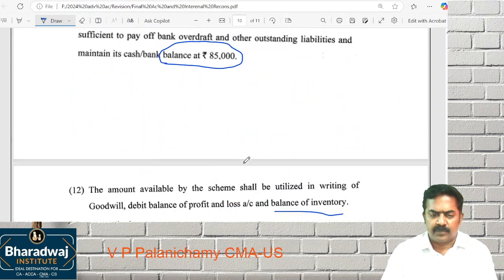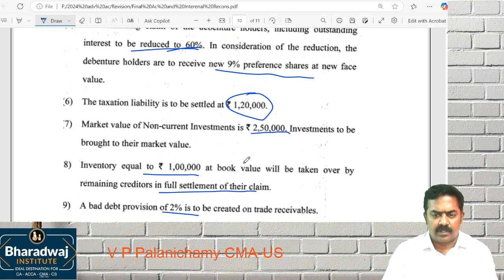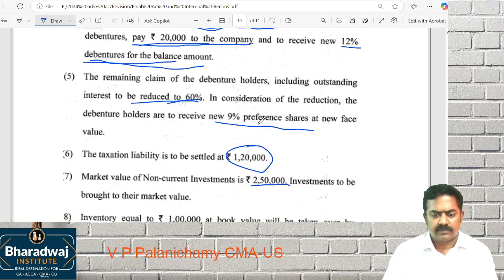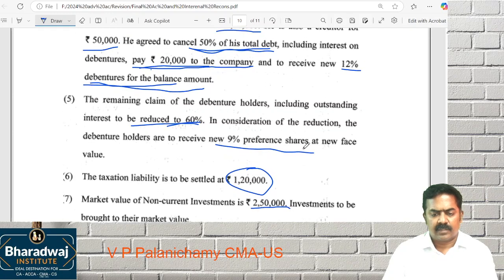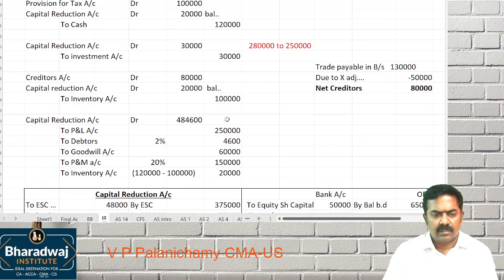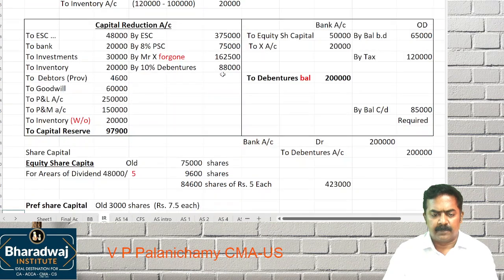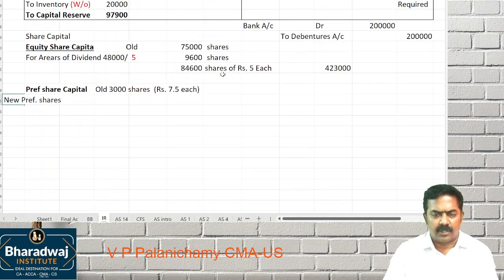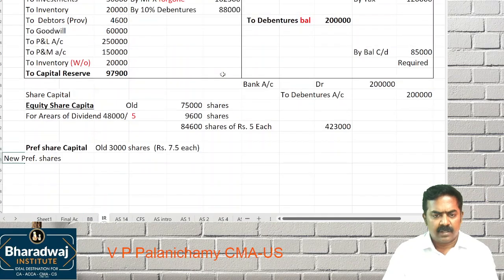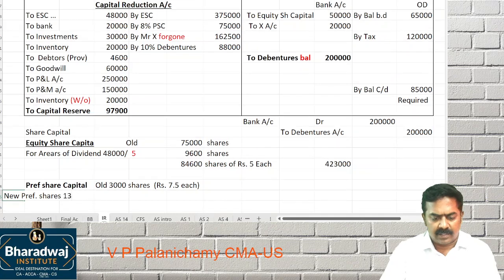Anywhere we have given preference shares for debenture holders. Which debenture holder? 9% debentures of the new face value is issued. 9% debentures 1,32,000 we have given, right? How many preference shares would have been given? 1,32,000 divided by 7.5.